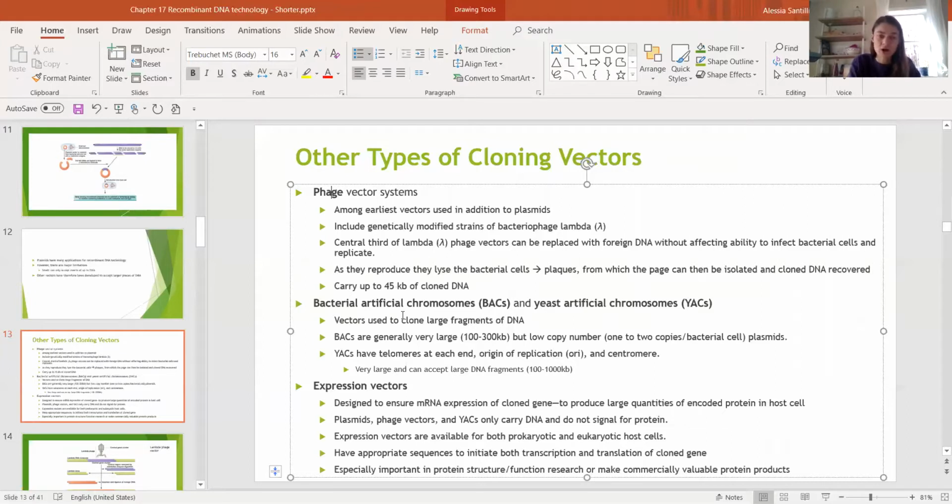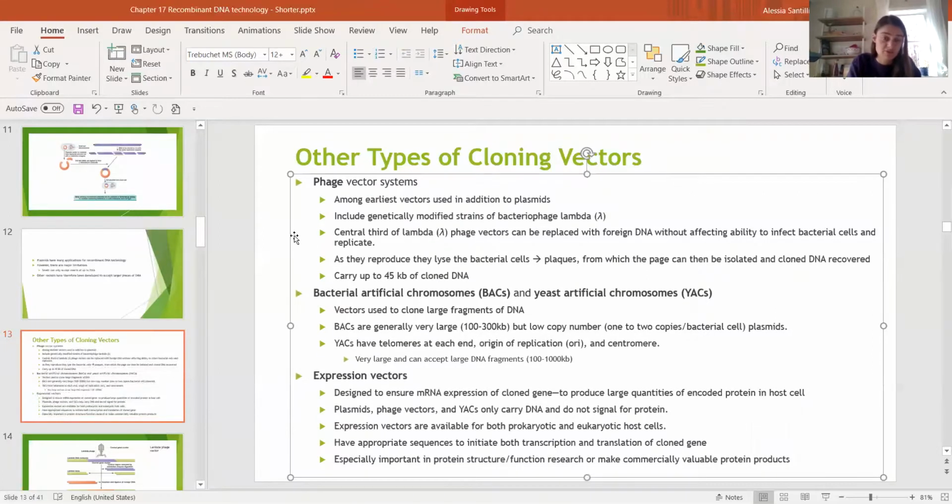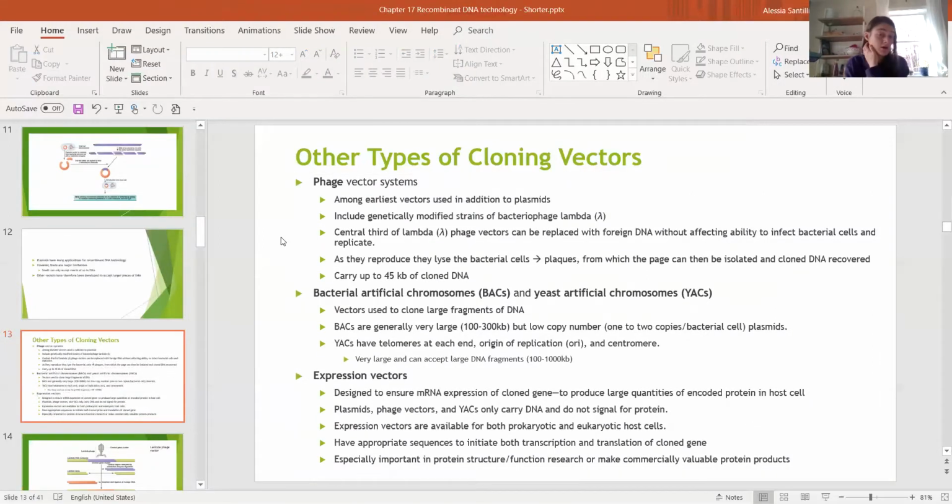We also then have cosmids, which funnily enough are not in this. I don't know if they're talked about in your textbook, but I'll talk about them anyway. So cosmids are a blend between plasmids and phages put together.